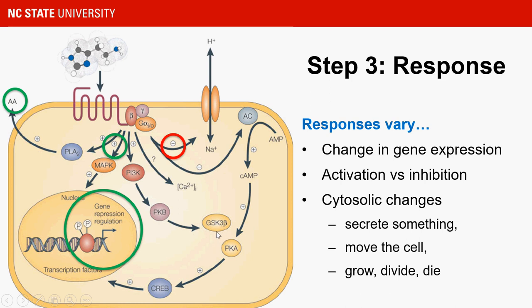The response may vary. It can be a change in gene expression, or activating or inhibiting another signal pathway, or the response can be secreting molecules, and the cell can move, grow, divide, or even die.